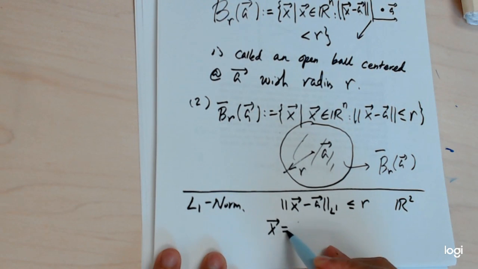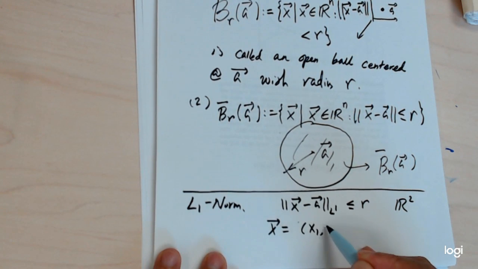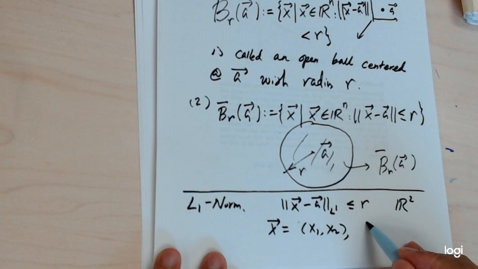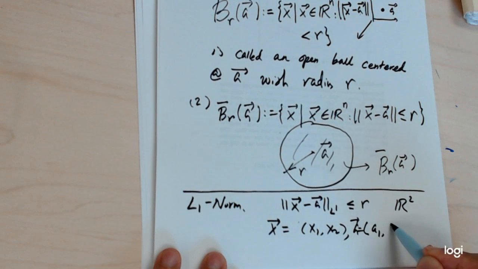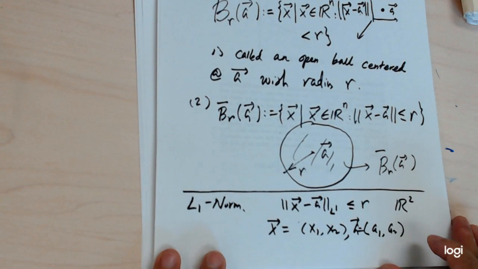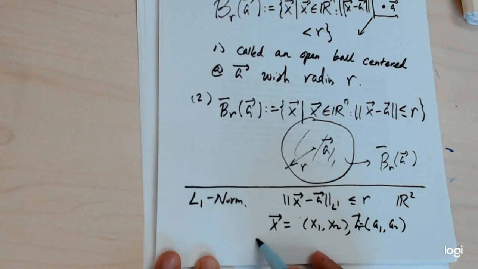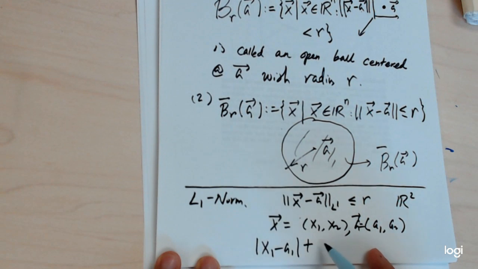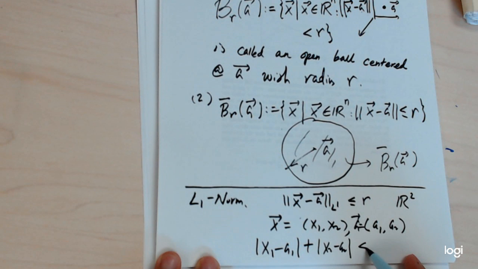So x has 2 components, and A has 2 components. The L1 norm refers to using the absolute value of x1 minus a1, plus the absolute value of x2 minus a2. And this needs to be less than R, for example.